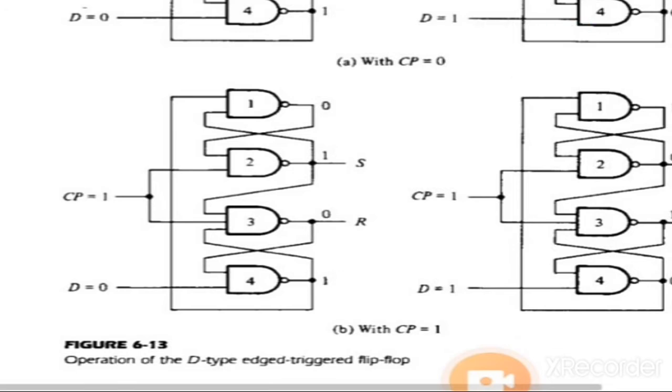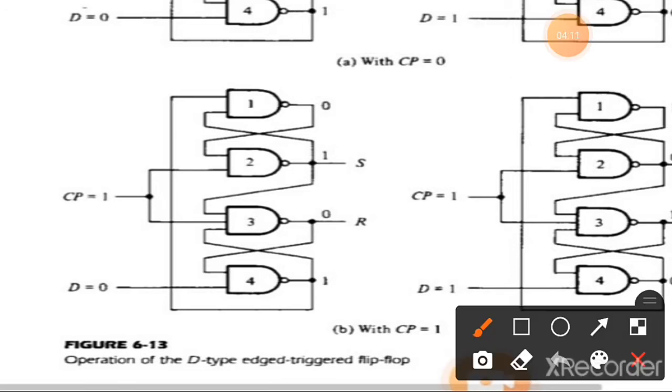Now, while Cp is equal to 1, suppose there is a change in the D input. If the D input is changed to 1, what will happen? R is equal to 0 here, so one of the inputs here is 0.